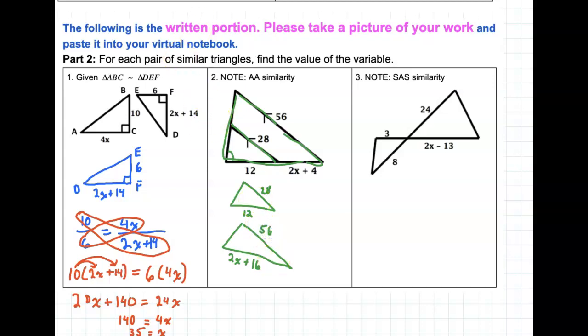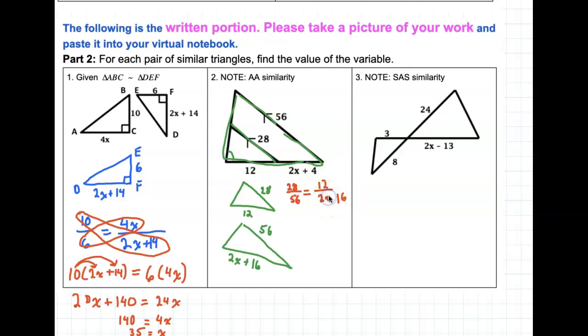If we're told that they're similar, we can go by that. I'll go small to large on this side, which is equal to small to large again. Let me fix that a little. It should be 2x plus 16.